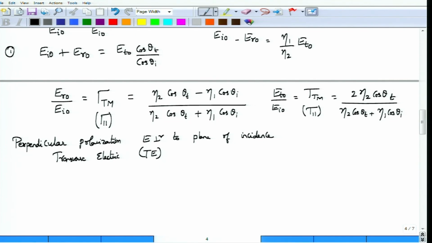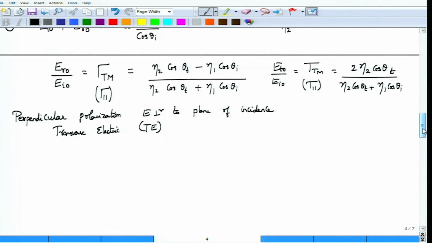You can actually do the same kind of derivation, okay. You can write down the expressions, apply boundary conditions, and then do some simple algebra to obtain the reflection coefficient for the TE case as well.